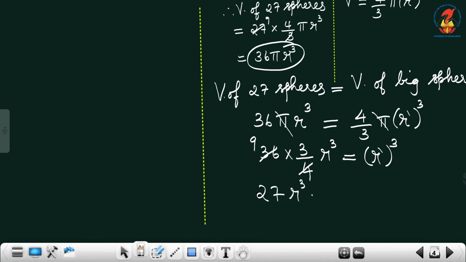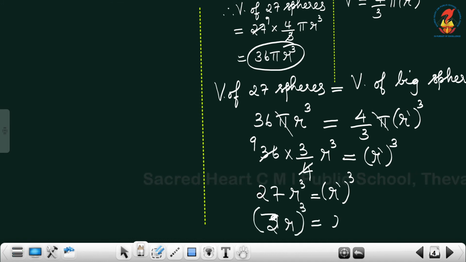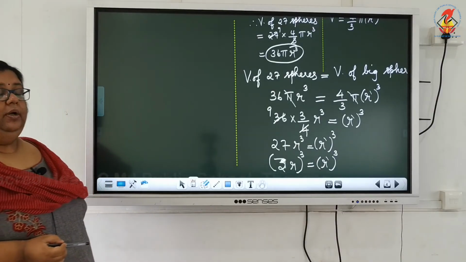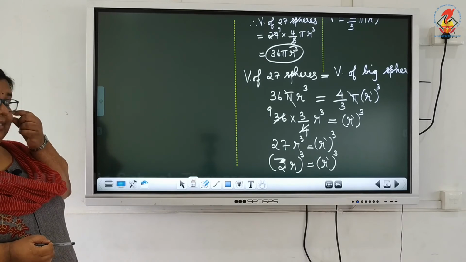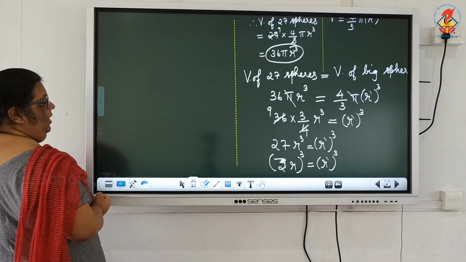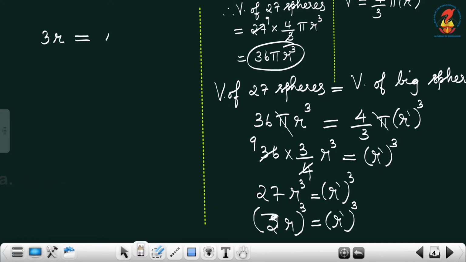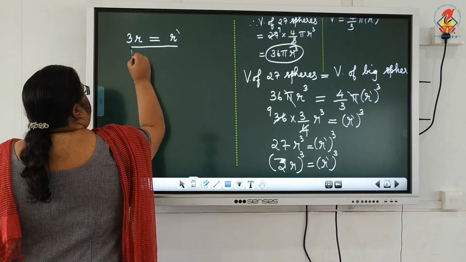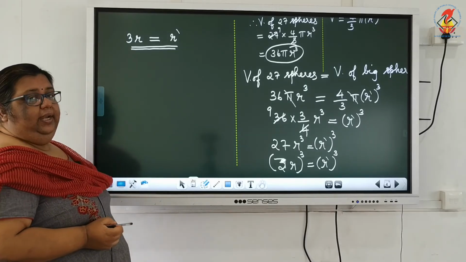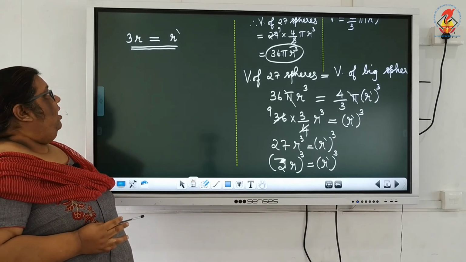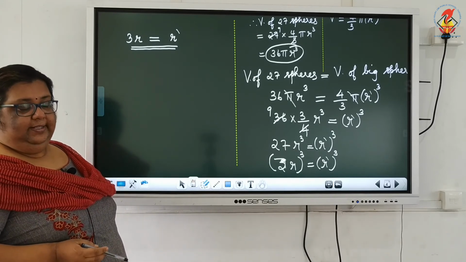So 27 r cube is equal to r dash cube. 27 r cube means 3r the whole cube is equal to r dash cube. 27 can be written as 3 cube. Taking the cube root on both the sides, 3r will be equal to r dash. So big sphere's new radius will be equal to 3r, 3 times the small sphere's radius.